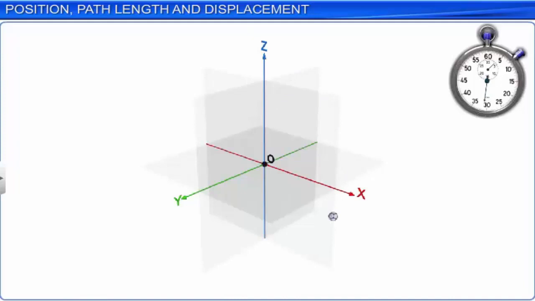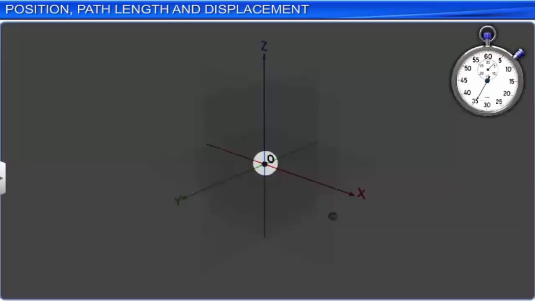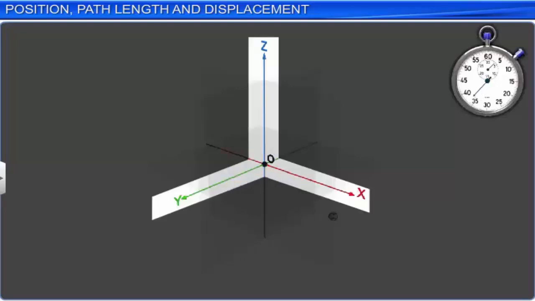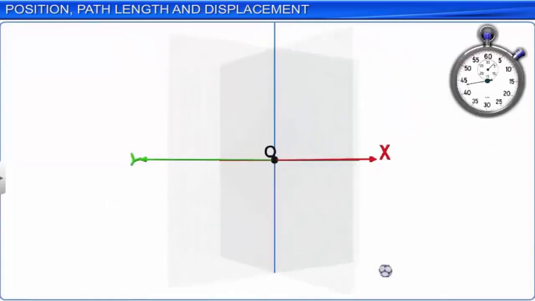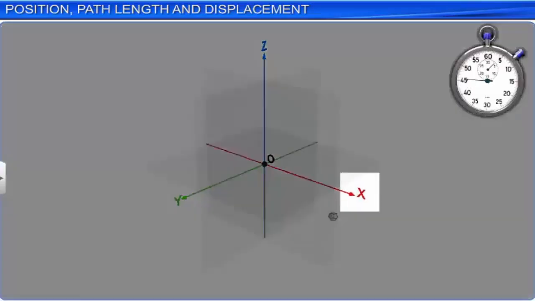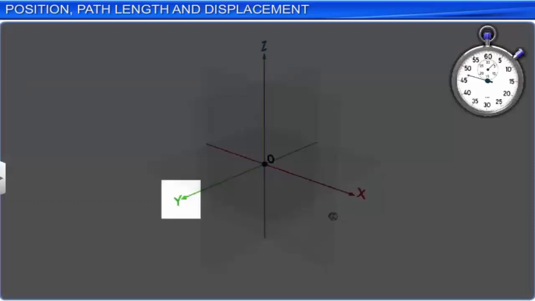To specify the position of a body, we use a reference point with respect to a set of axes. The set of axes consists of three mutually perpendicular lines labeled as the x, y, and z axes. The point of intersection of these three axes is called the origin.